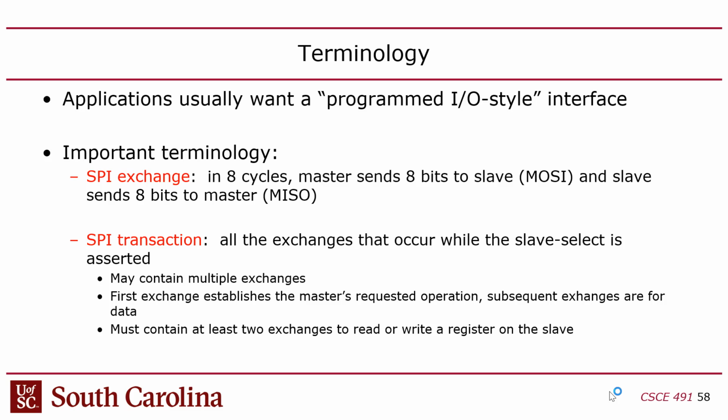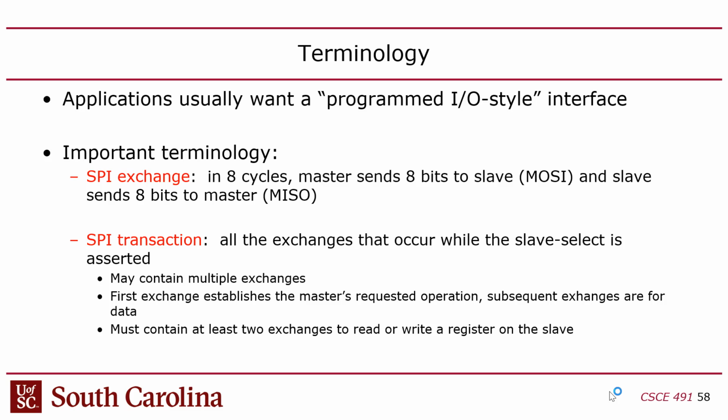The problem is that the transaction protocol is fairly consistent in the sense that the first exchange is like a header, right? And then the following exchanges are payload data. But the format of that header and the way the header is interpreted is completely up to the vendor of the peripheral you're talking to.